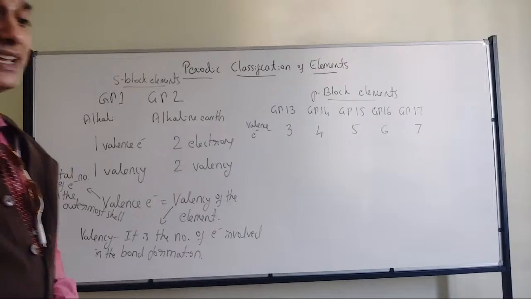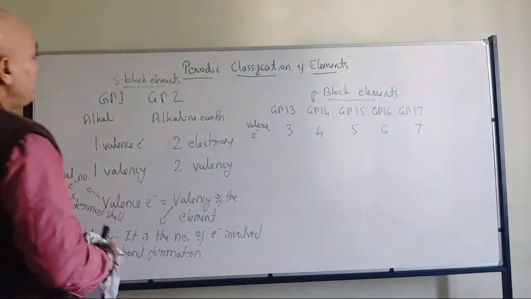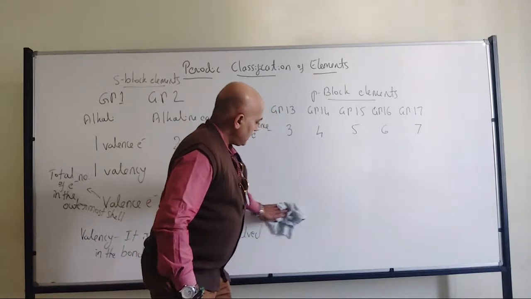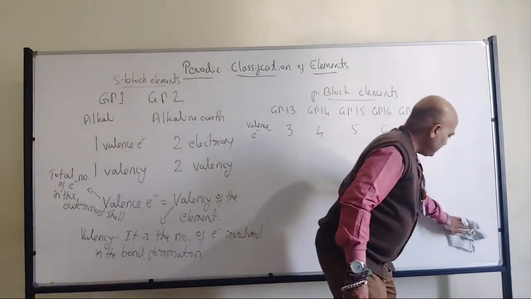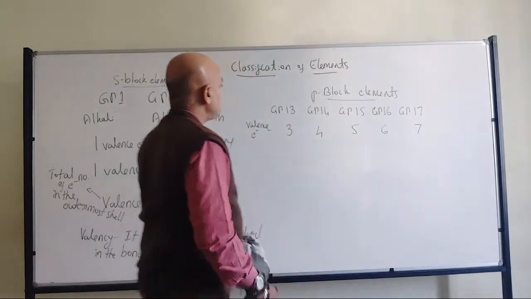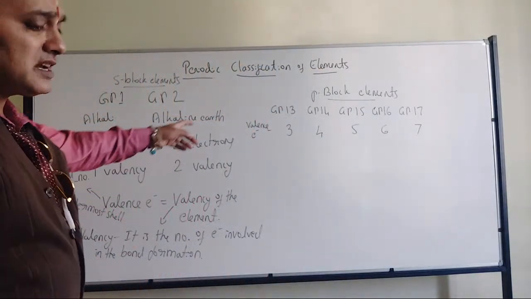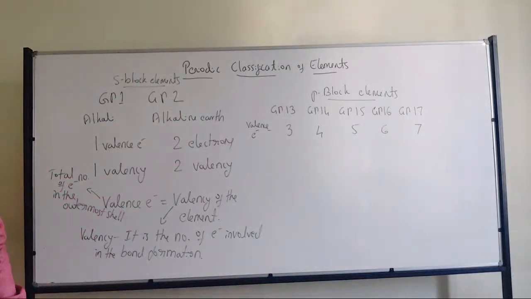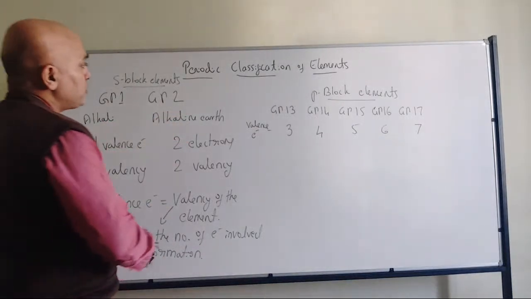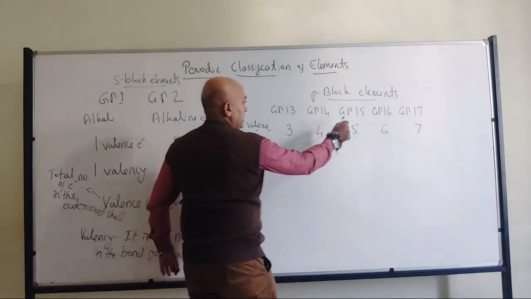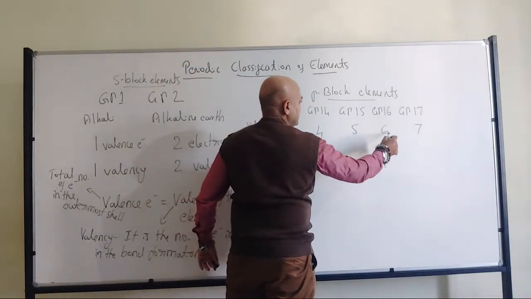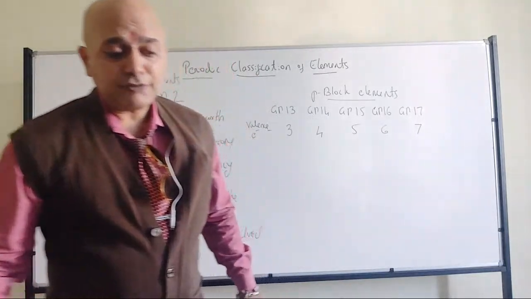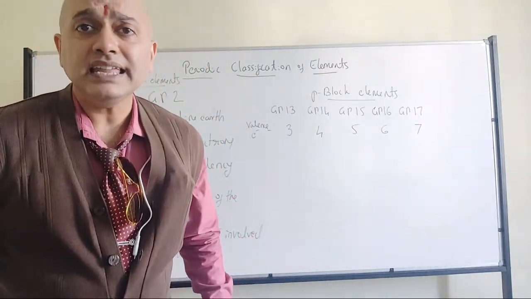That's how we can easily remember it for P block elements. Group 13 will be 3. What about group 14? It will be 4. Group 15, 5. Group 16, 6. Group 17, 7. If I include group 18, it will be 8, except helium.